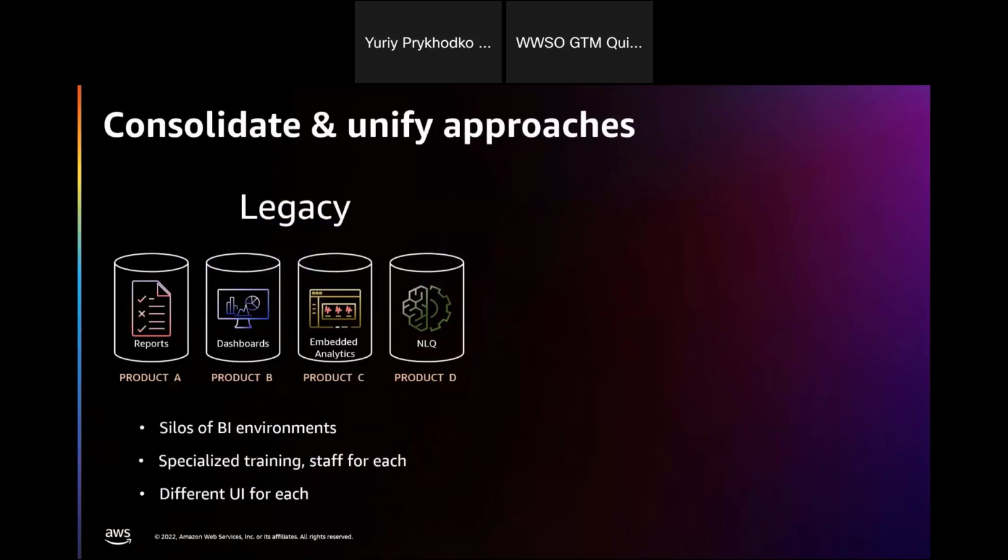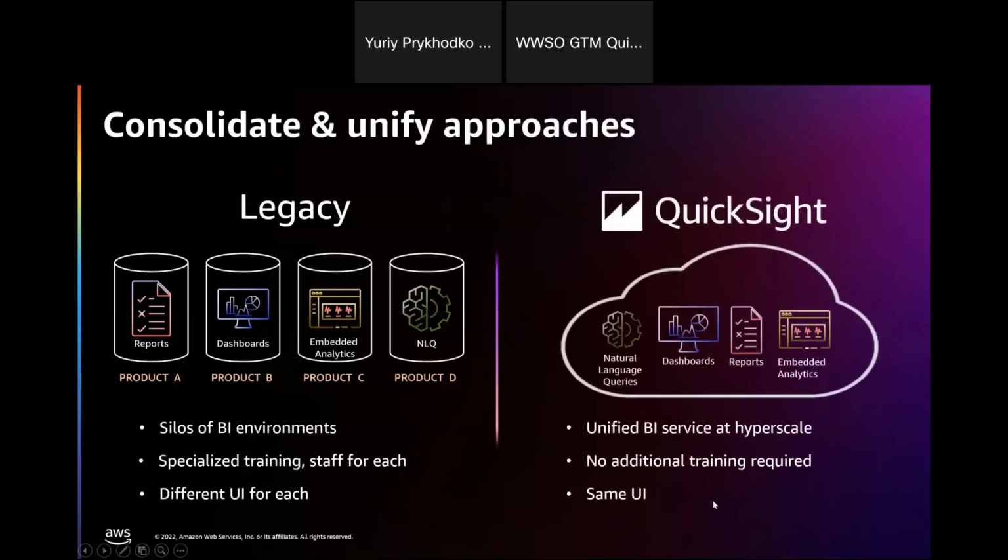There are tools very good with reporting, and others very good at embedded analytics, but there was no tool combining all these sets of functionalities together. So companies have had to purchase different BI tools to fulfill the different needs they have internally. And that's where QuickSight came into the market.